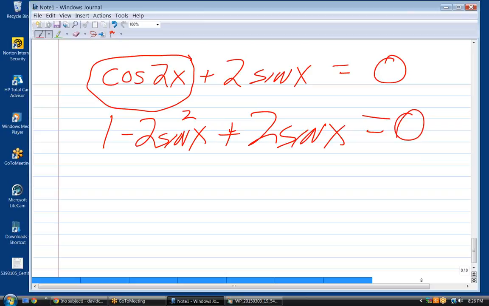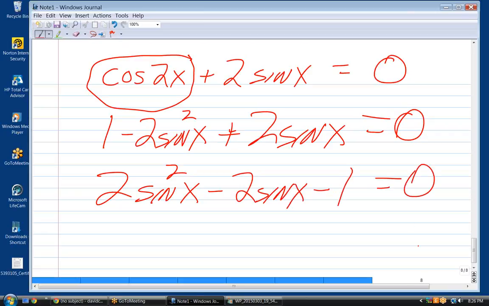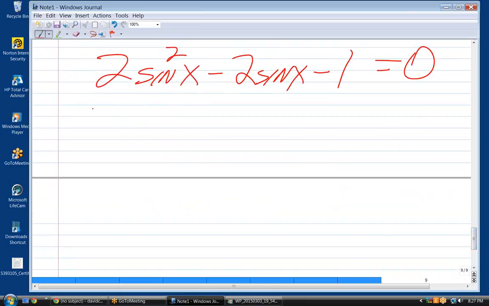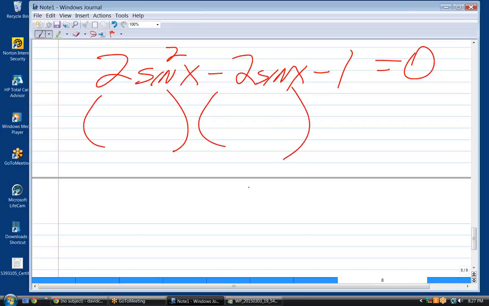Well, this is a quadratic. First of all, let me get it in a format where the squared term has a positive coefficient, so I'm going to divide every term by minus 1 to come up with 2 sine squared x minus 2 sine x minus 1 equals 0. Now that factors just like a quadratic.